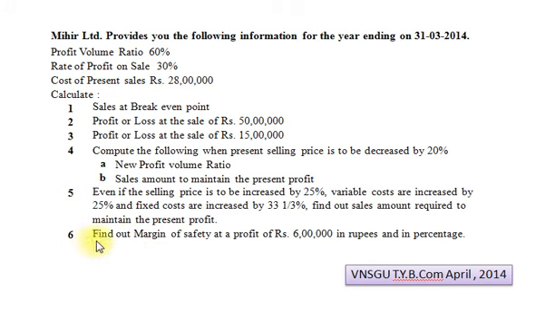And last point, find out margin of safety at a profit of rupees 6 lakh in rupees and in percentage. This is from Veer Narmad South Gujarat University TY BCom April 2014 examination.